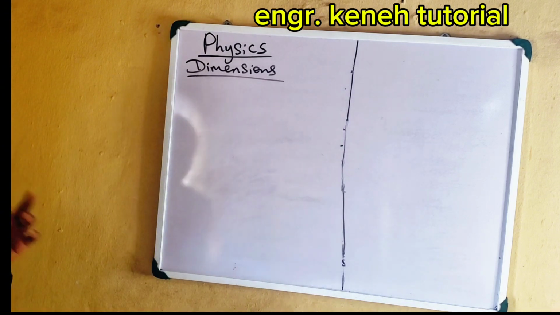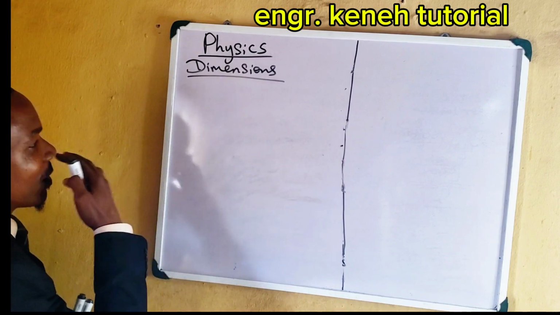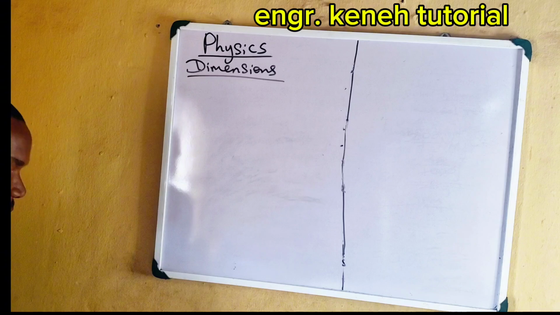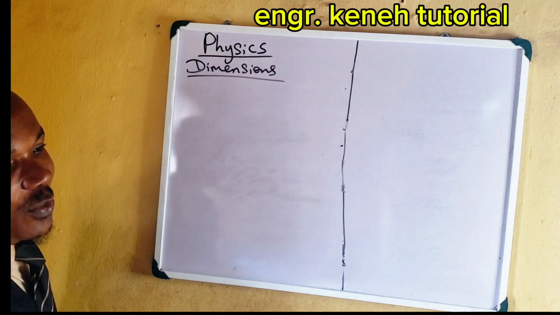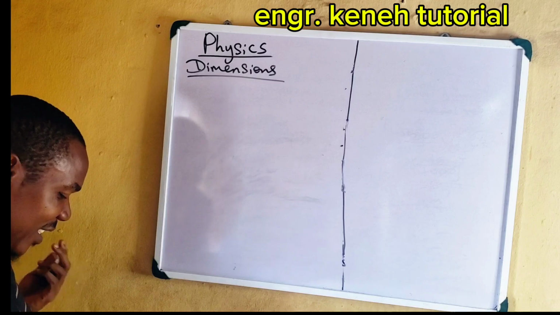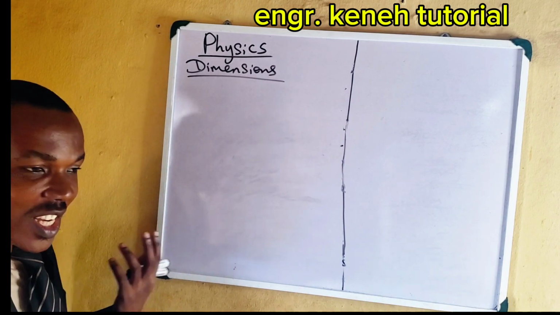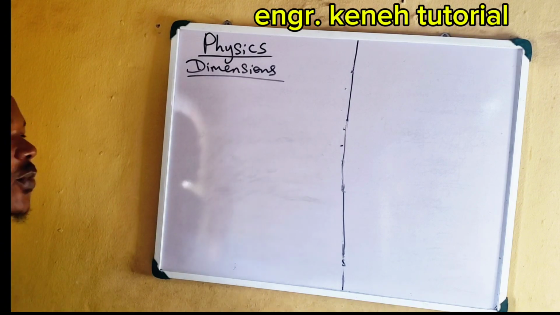All right. When it comes to dimension, what is it all about? Sometimes they may ask you to find the dimension of volume, force, weight, energy, momentum, moment, upthrust, velocity, speed, a whole lot of them, and you will get confused.